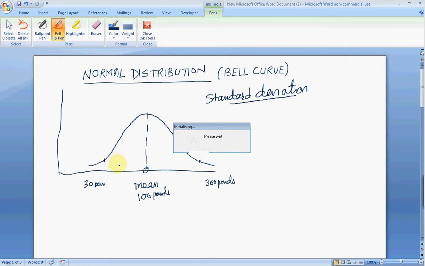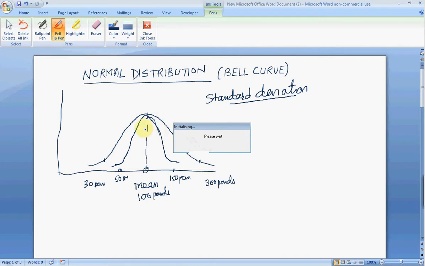Suppose I do another study on another planet inhabited by human beings, and I get a curve like this, whose mean might still be at 100 pounds, but there are very few people at 50 pounds, very few at 150 pounds, and all sorts of people in between, but the number keeps gradually decreasing.